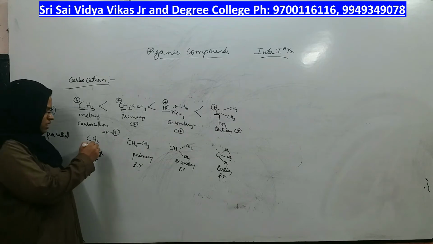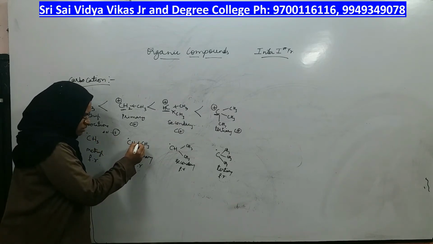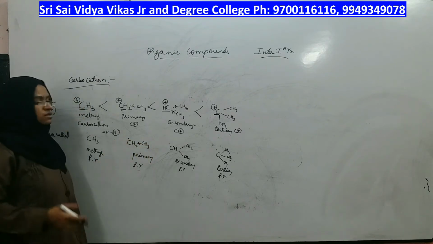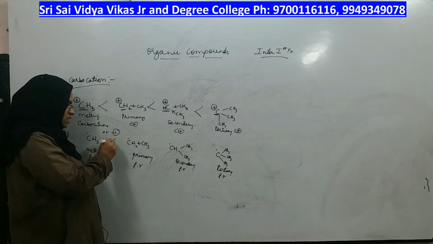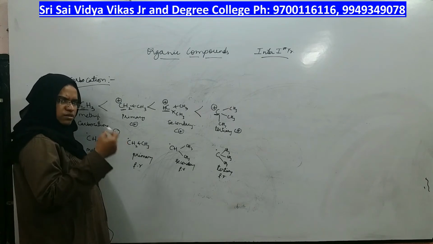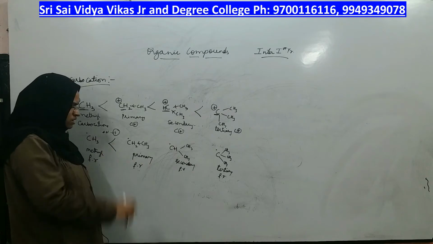So if there is any carbon that is reducing the electron deficiency by donating its electron towards this carbon, then it will make it more stable. Here there is none, so it is least stable. Here there is only 1 carbon, so a little bit more stability will be there for primary free radical compared to methyl free radical.